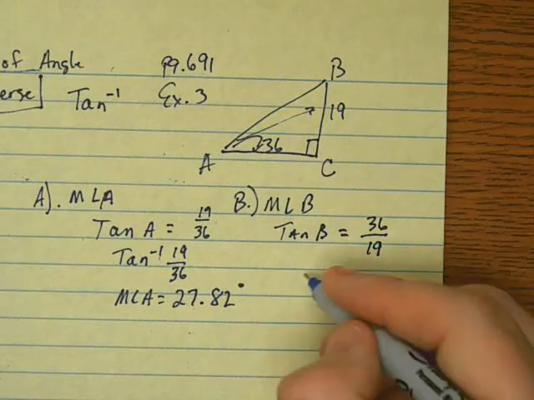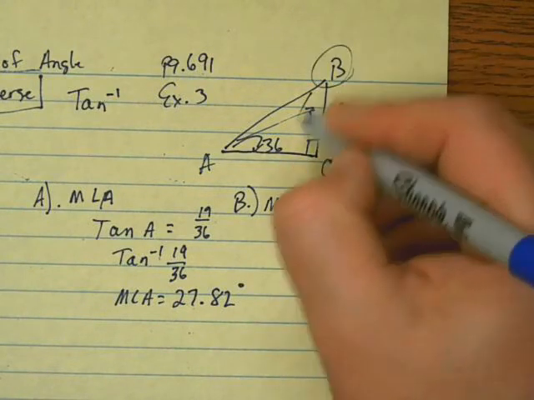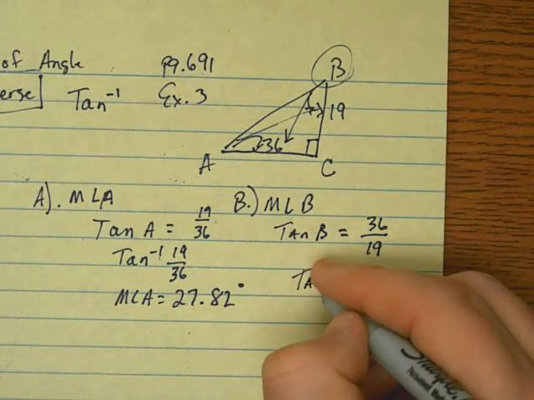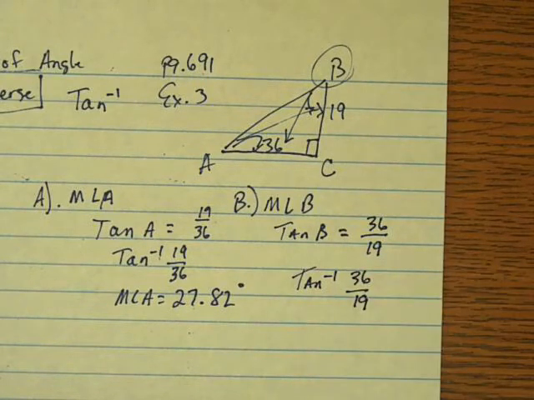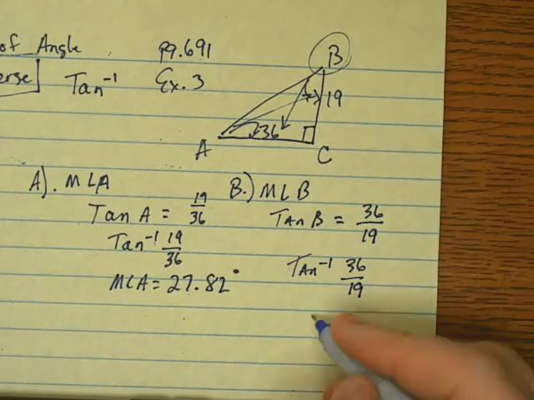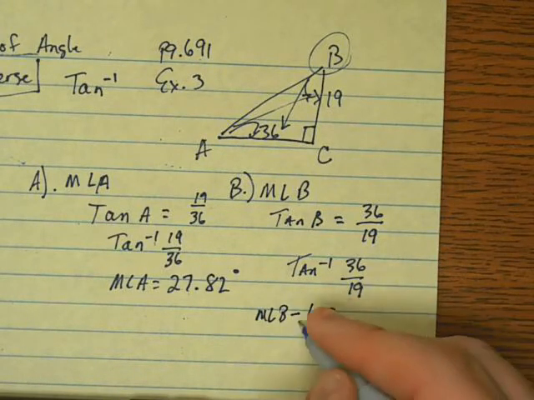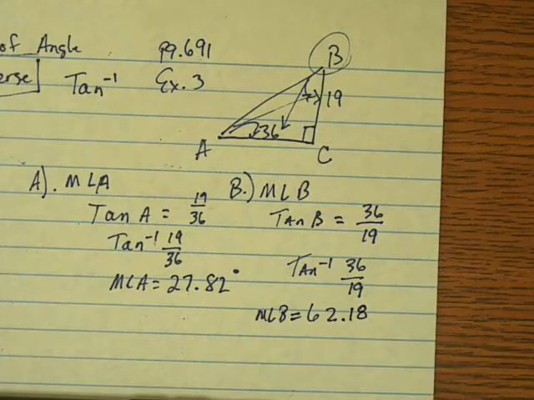Remember, you have to take the reciprocal now because B is over here. So the opposite's 36 and the adjacent's 19. You should get 62.18.